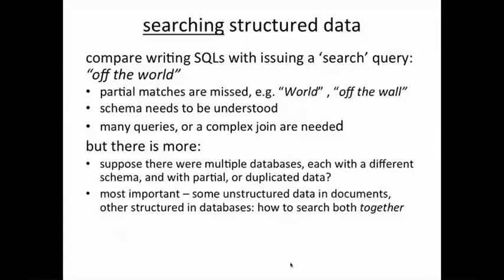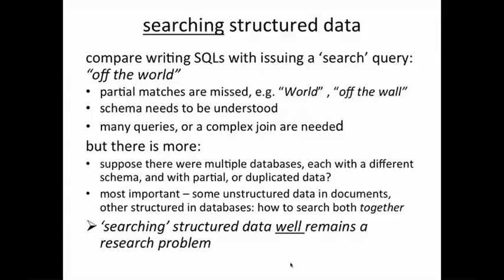Most importantly, suppose we have some unstructured data in documents, like text files which contain the lyrics or biographies of artists, and the others in structured databases like the lyrics database. How to search both of these together? When you search a set of documents and you get an album, can you find the songs in that album by looking up the lyrics database, and vice versa?